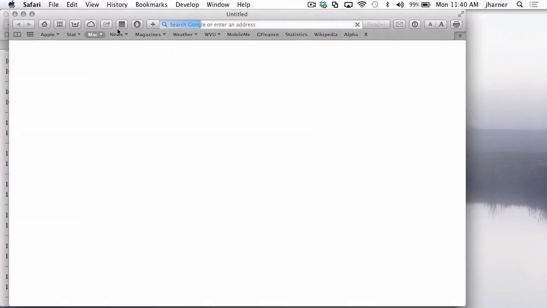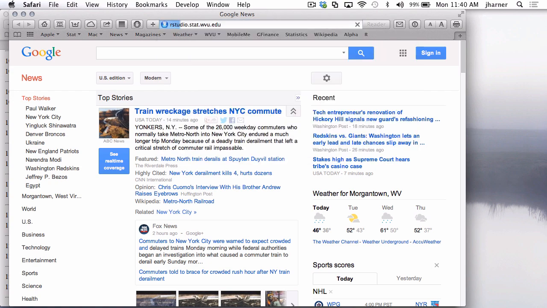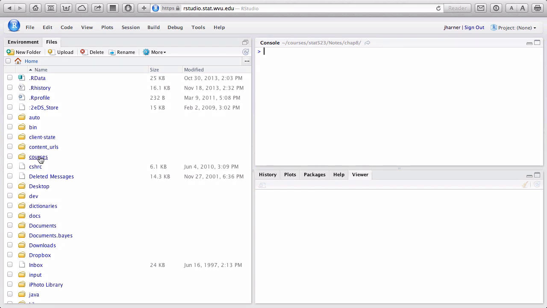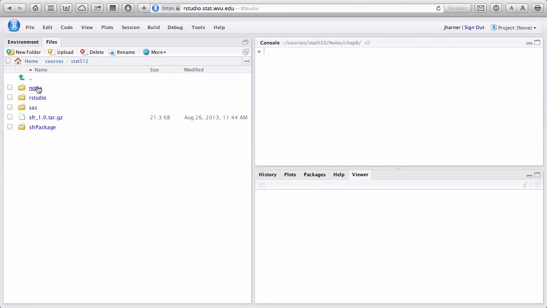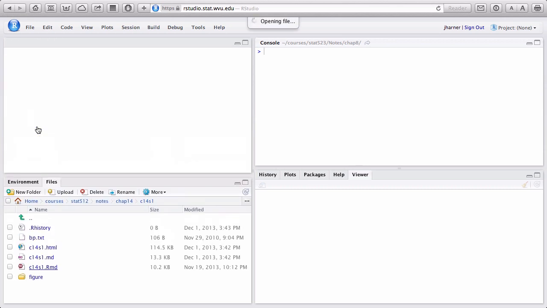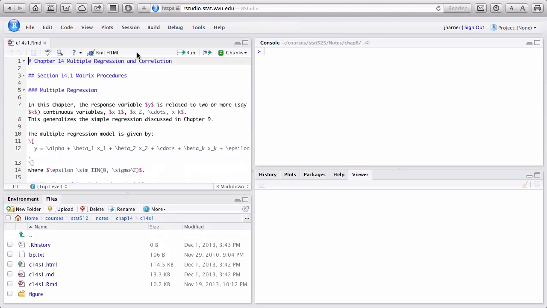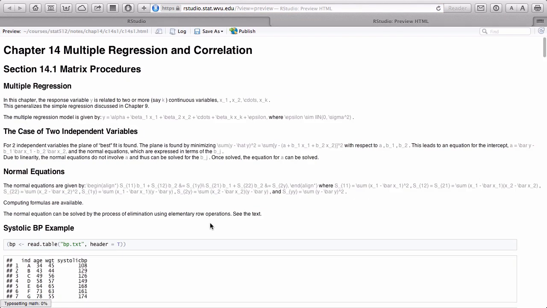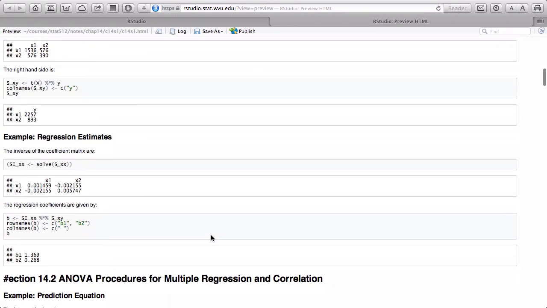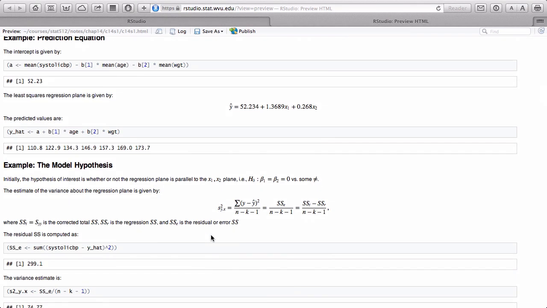So I'll go ahead and leave that there, and I'll bring up RStudio. Now, just for a quick reference of what we did, we covered the basic ideas of multiple regression.